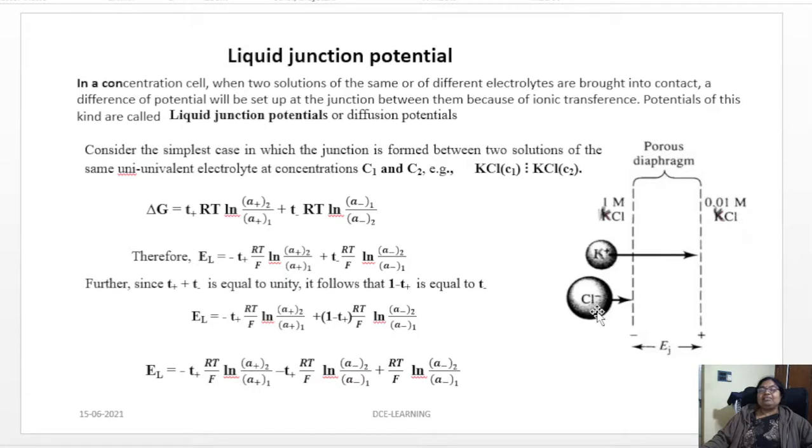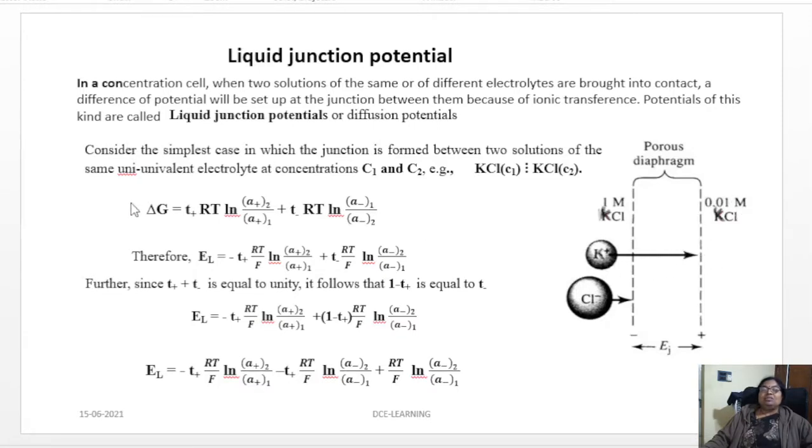The change in free energy during the chemical reaction is then delta G equals minus nFE, where n is the Faraday of electricity passed from one cell to the other through transference of the ions which carry the current.